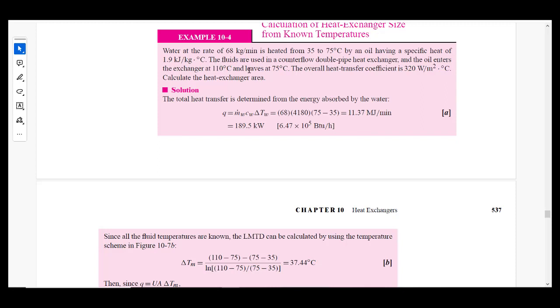The fluids are used in a counterflow double pipe heat exchanger, and the oil enters the exchanger at 110 degrees Celsius and leaves at 75 degrees Celsius. The overall heat transfer coefficient is 320 watt per meter square degree Celsius. We should calculate the heat exchanger area, A.